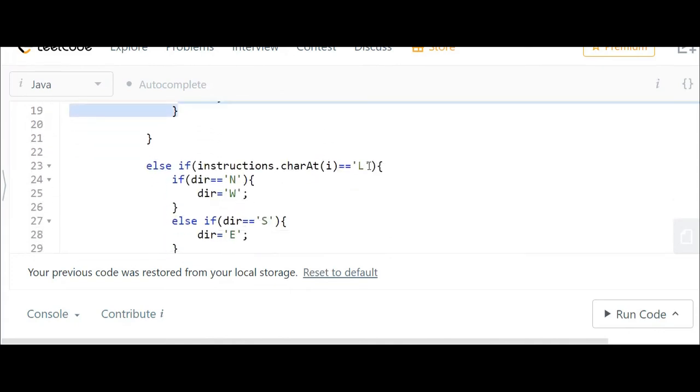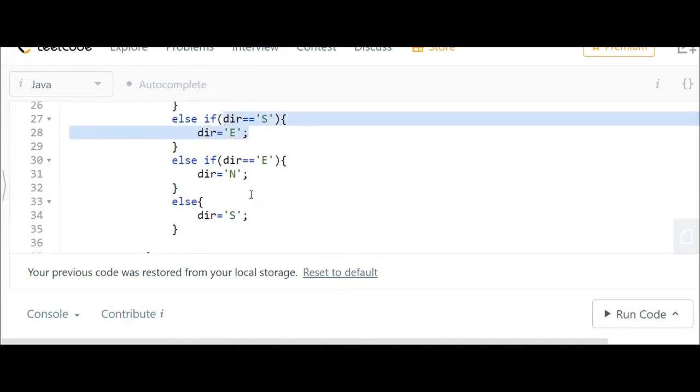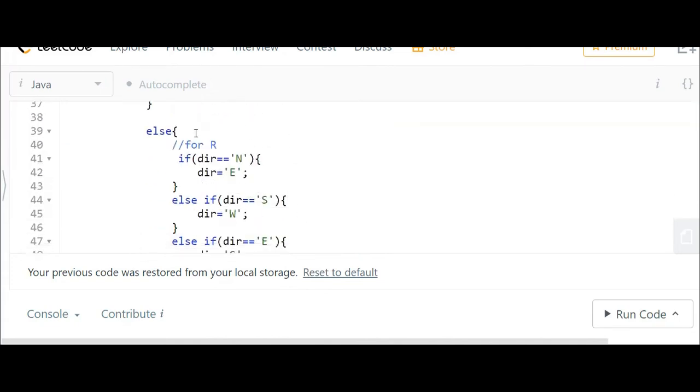Okay, now suppose the instruction is equal to L. In that case, if the direction is equal to north, I am returning the direction as west. I already explained this with the help of the robot head, and the same thing happens for south, east, north and south, right? You can draw it and you will understand this better. And same for right.